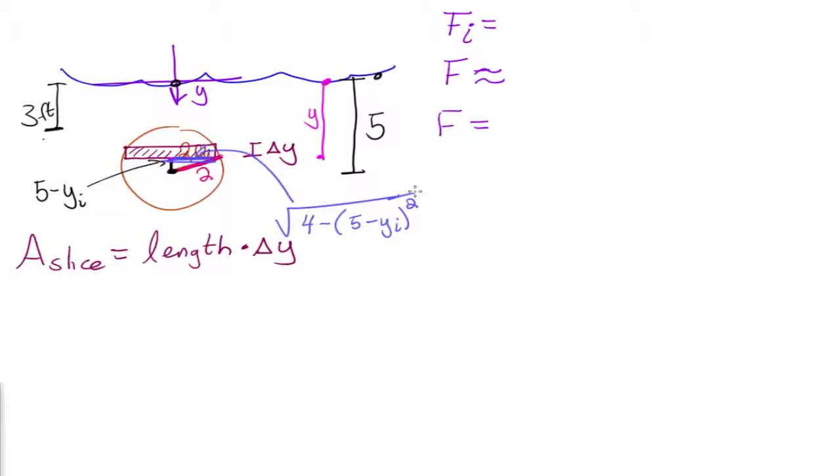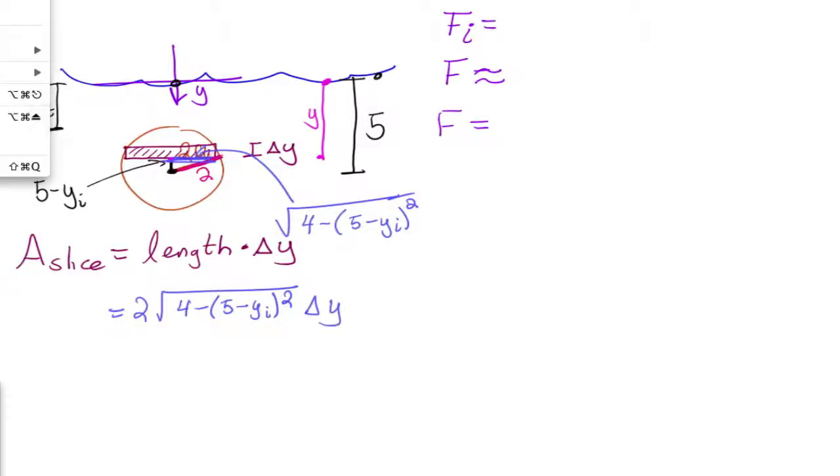That's one piece, right? So the length is twice that, because that's this little chunk. So the area of the slice is equal to 2 square root of 4 minus (5 minus y sub i) squared, and then delta y, right? Does that make sense?